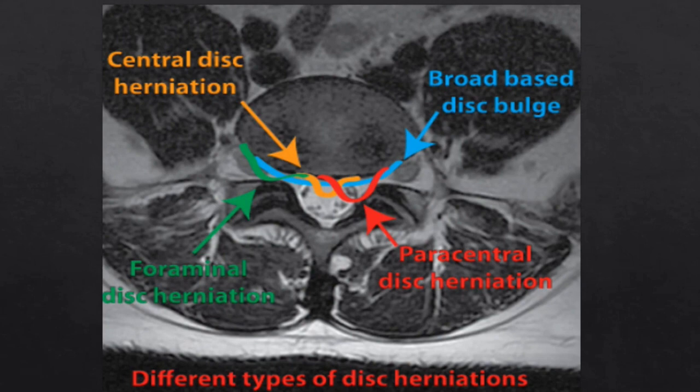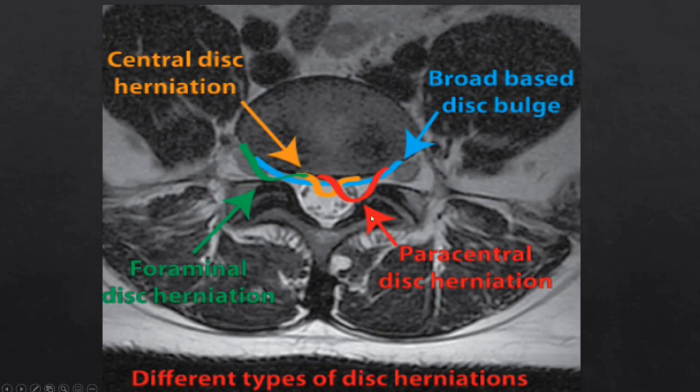And they can start to stretch on their edge and even protrude or extrude, where the center portion of the disc, which is called the nucleus, you can think of that as the gelatin or the jello in a jelly donut, protrudes through the outer layers of the donut into the spinal nerve space. And so this demonstrates some of those locations where discs are protruding and are called disc herniations.